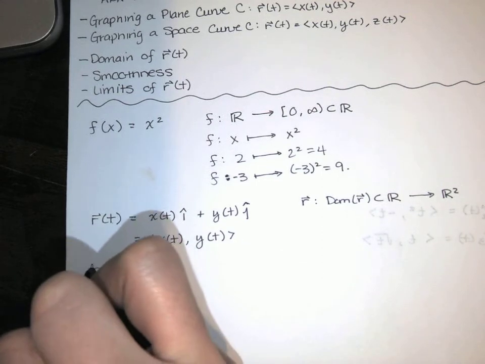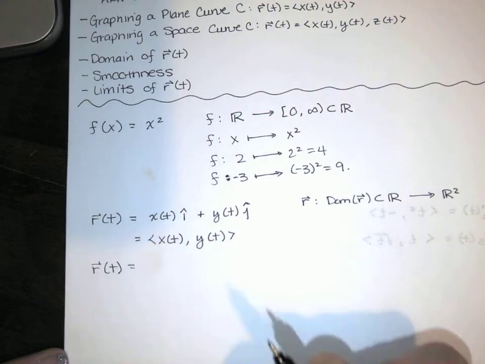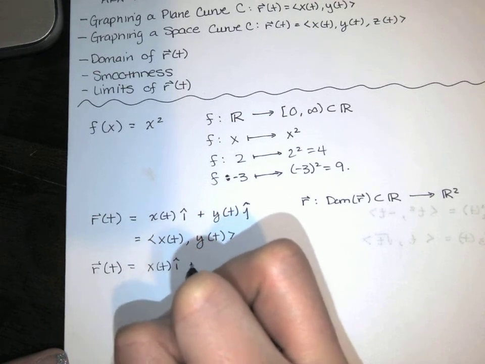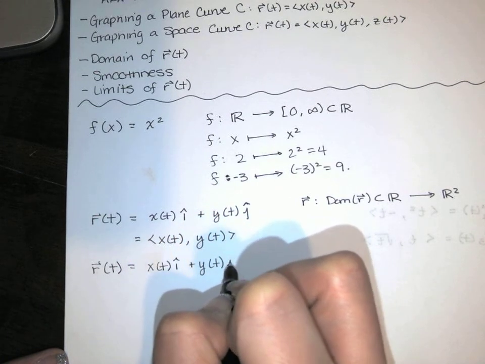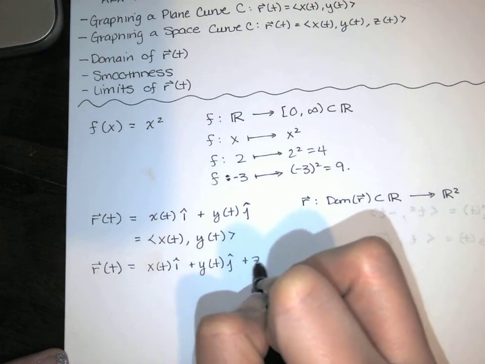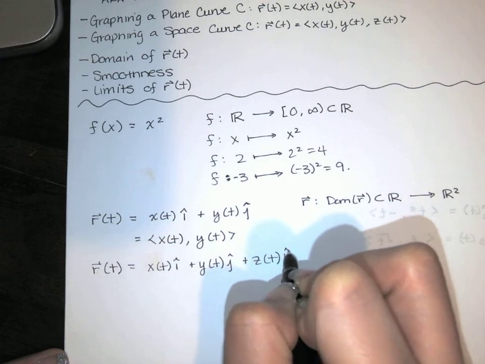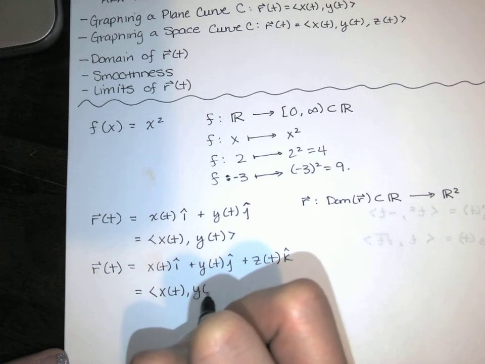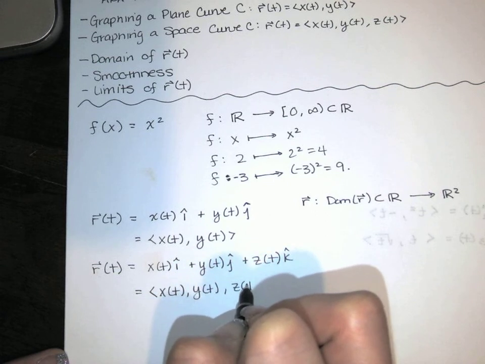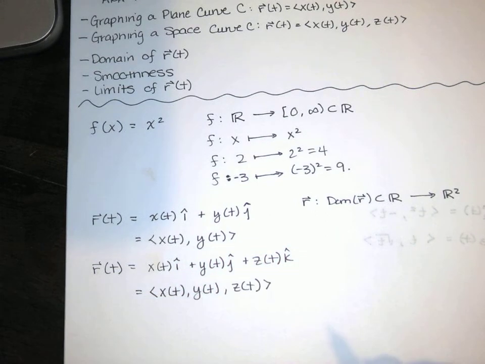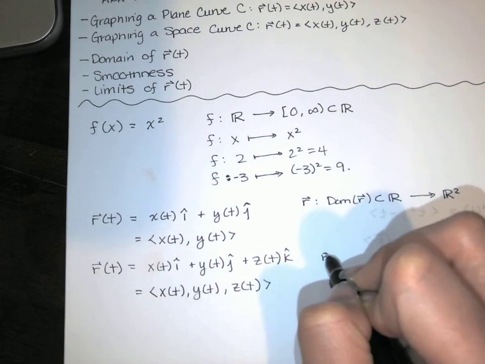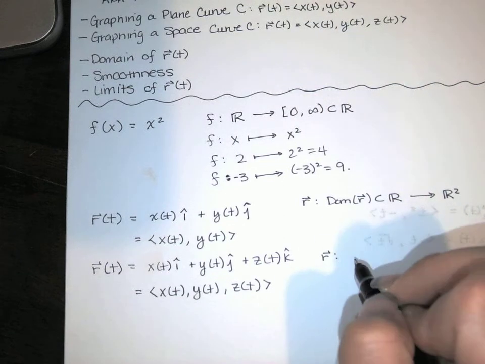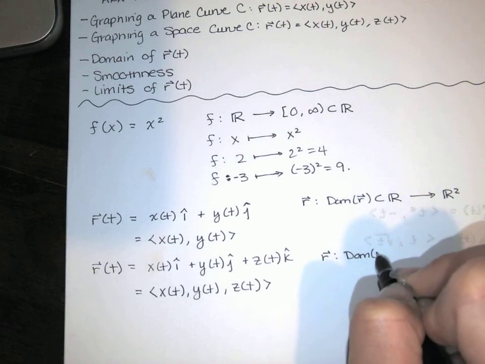Or we could have a vector-valued function r of t with 3 components, x of t, y of t, and z of t. I would probably write it like this instead because it's shorter. But again, r is just going to take a real number t in the domain of the function.